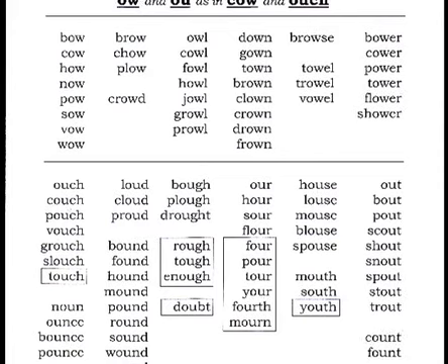The ow sound is spelled O-U. So there are two ways to spell that particular ow sound, O-W and O-U, as in vouch, proud, cloud, pound, wound. Now, the word wound is spelled the same as wound, but a wound is an injury.